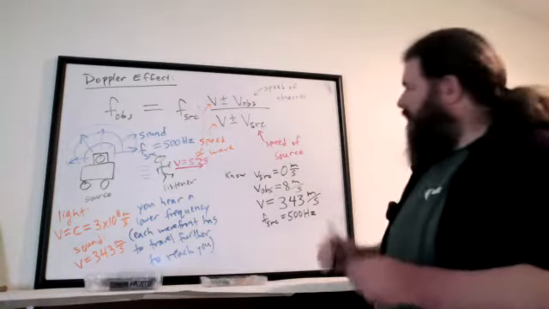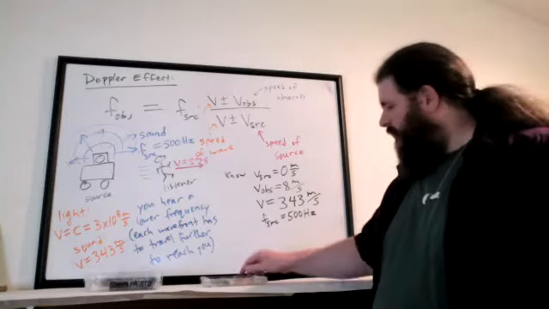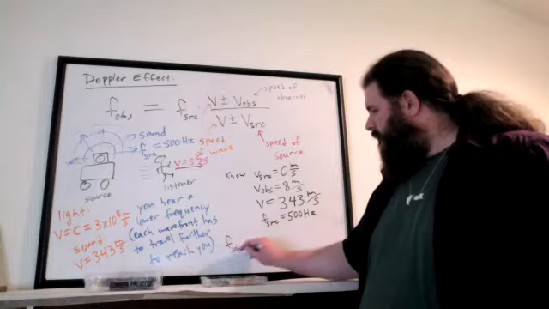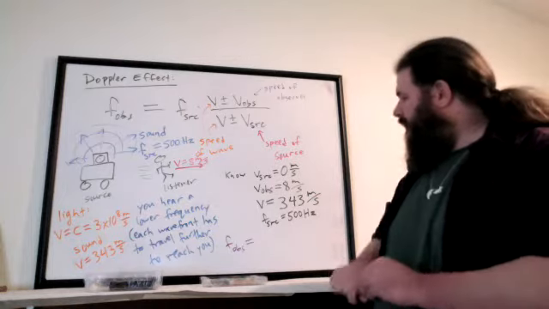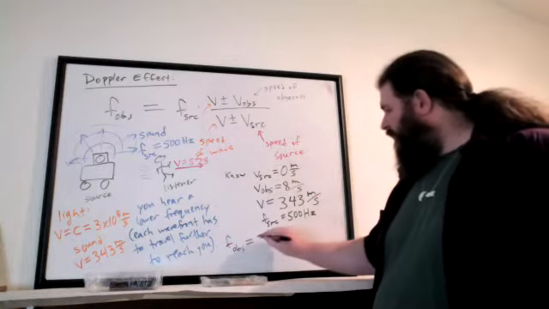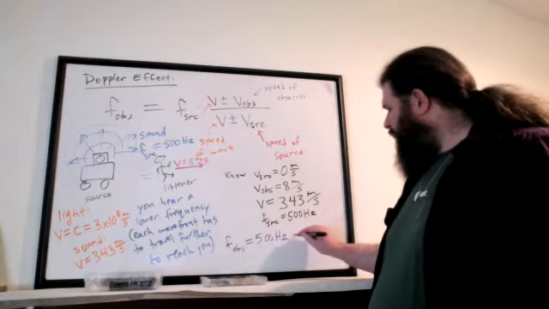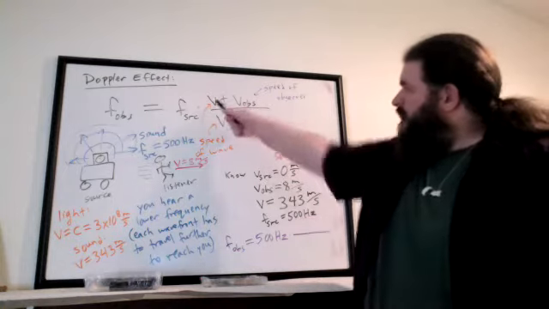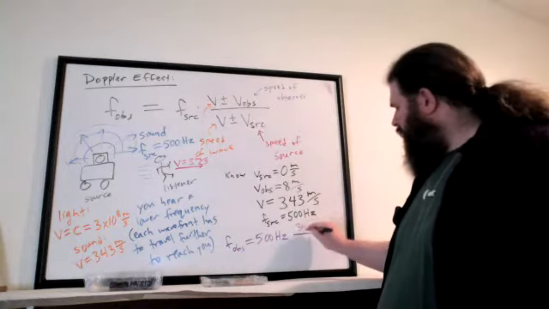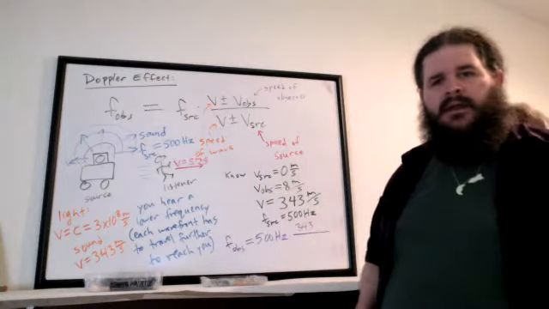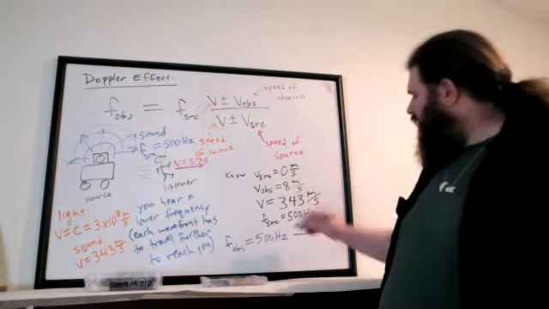So writing that out as the equation and filling in the values we know, frequency heard by the observer should be frequency created by the source, 500 hertz, multiplied by speed of sound plus or minus speed of the observer. And speed of the observer here is 8 meters per second.